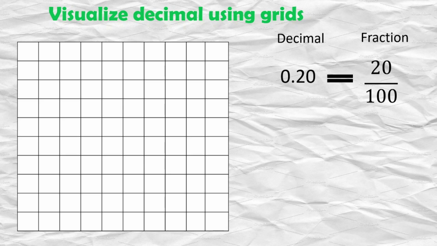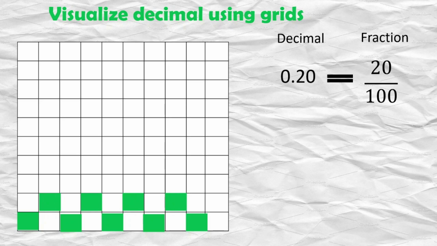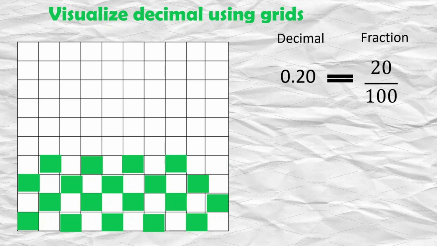And then, ang numerator natin is 20. We are going to shade 20 squares. 1, 2, 3, 4, 5, 6, 7, 8, 9, 10, 11, 12, 13, 14, 15, 16, 17, 18, 19, 20. Now, that is how we visualize 0.20 using a grids.